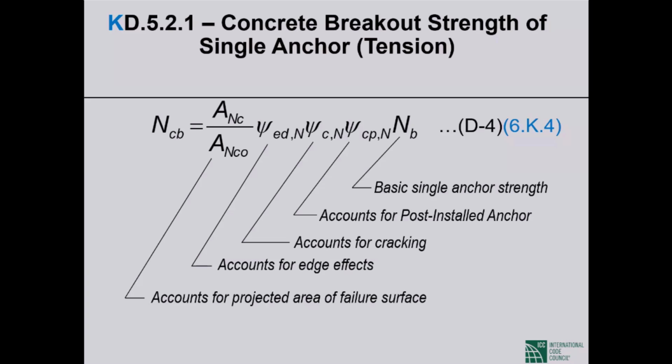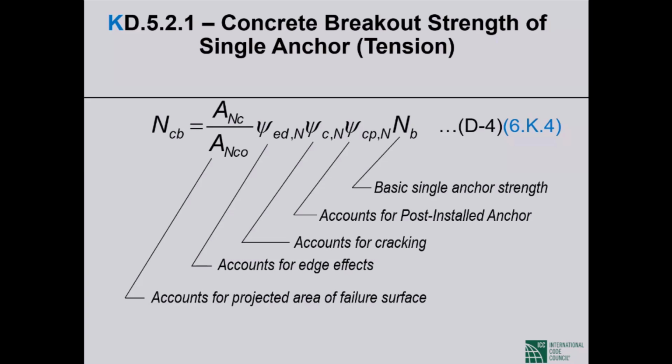A sub N is the projected area of the failure surface of a single anchor or a group of anchors in tension, not considering spacing or edge distance. I'll repeat. A sub N is the projected area of the failure surface of a single anchor or a group of anchors in tension, not considering spacing of the anchors or edge distance.